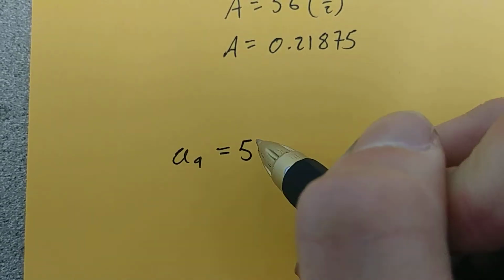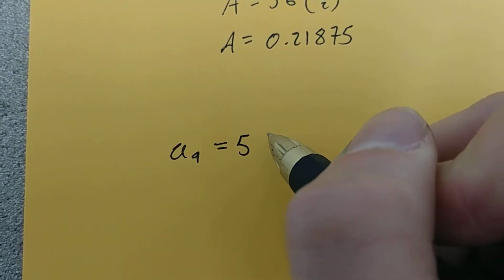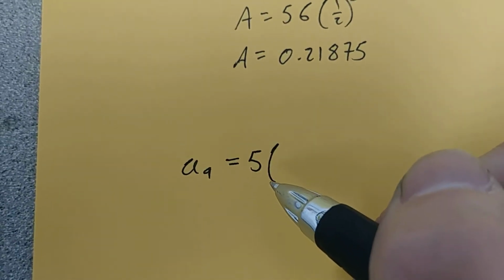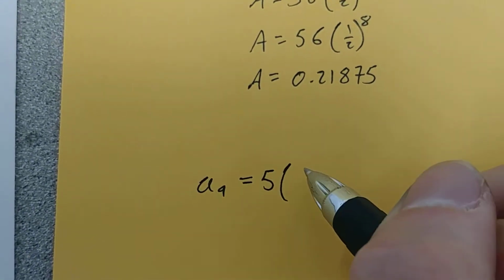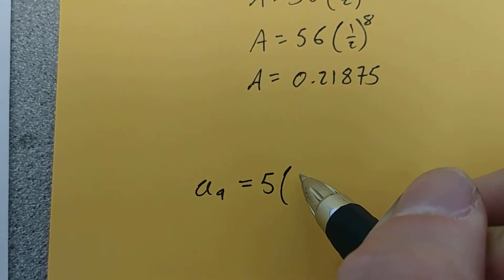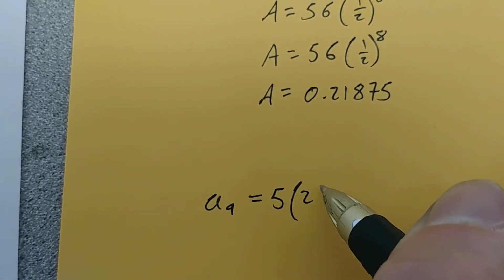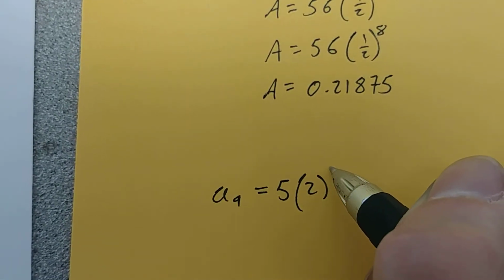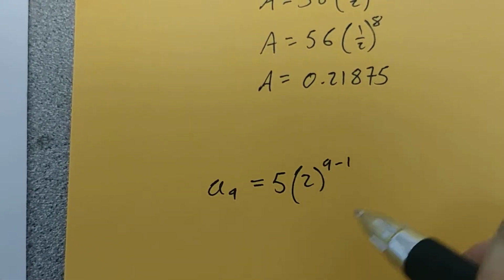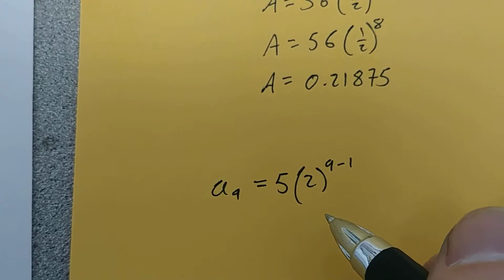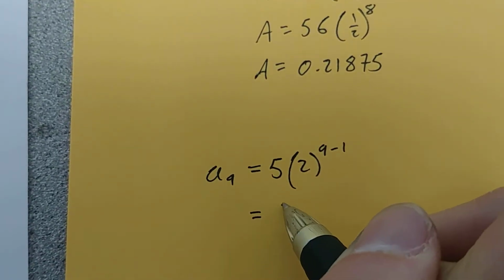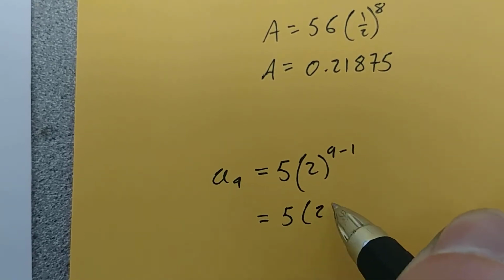So $5 will be his initial value, times, well, every time we see that the money is doubling. So my ratio is going to be 2 raised to the n minus 1. So it'll be raised to the 9 minus 1. This should tell me how much money he's going to deposit the 9th week. So this is equal to 5 times 2 to the 8th power.